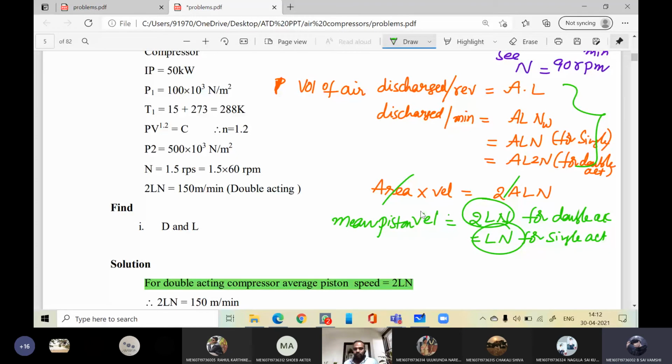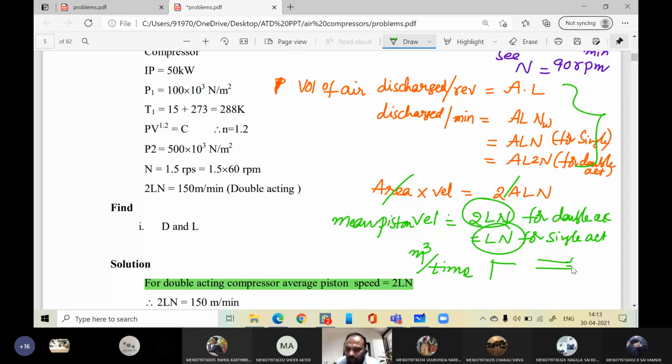Sir, how did you get area into velocity? It is mass flow rate or continuity. You are in second year, right? Generally, discharge is nothing but area into velocity, because discharge is in meter cube per time. Not only a tap, any device.